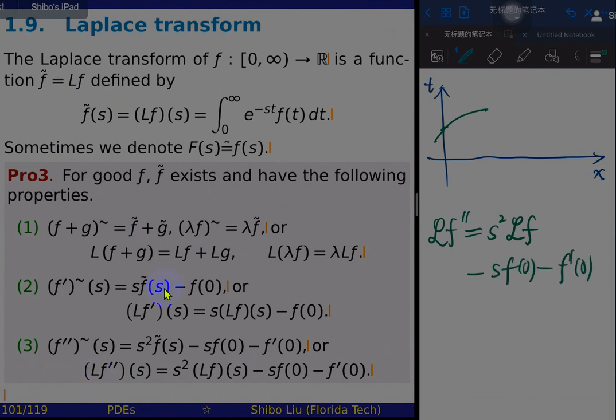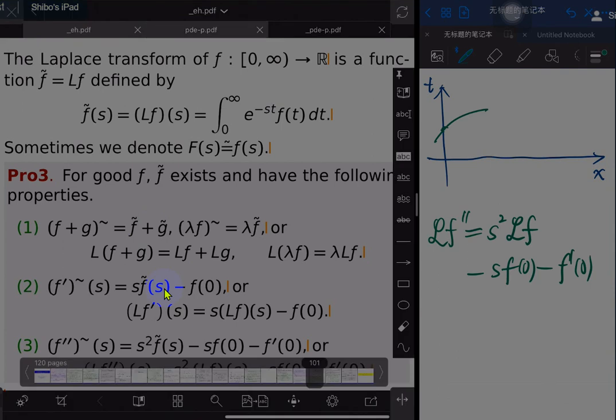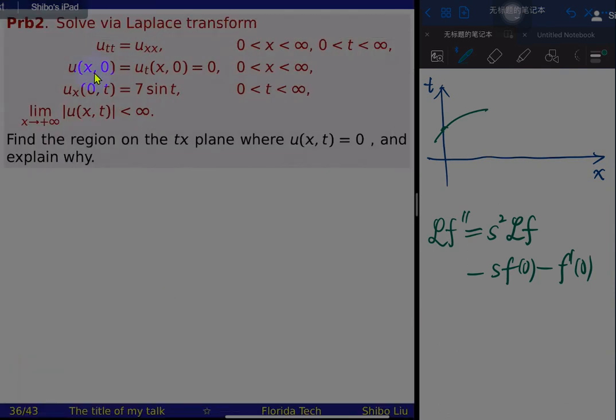Because of this property, look at our equation. If you apply it with respect to t, then when t equal to 0, this term is 0, and the derivative is also 0. Therefore, L of u_tt equals s squared L of u minus s u(x,0) minus u_t(x,0).